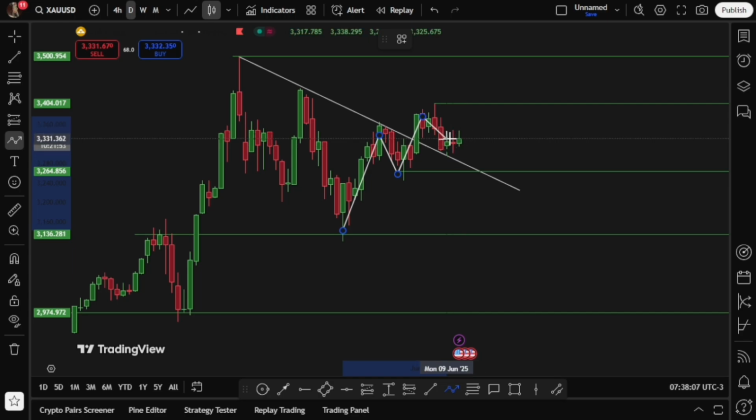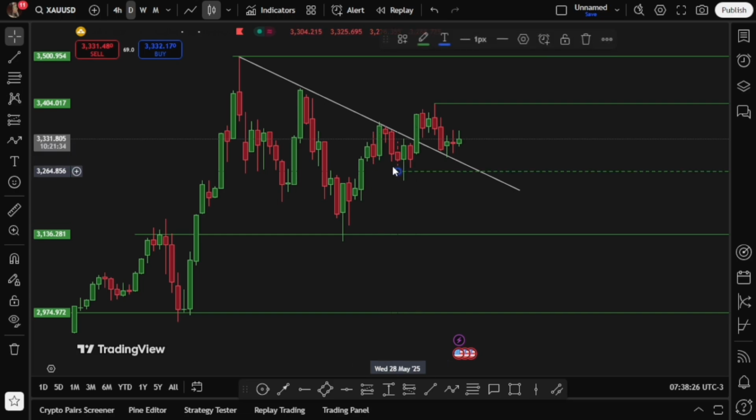I told you in the previous video that for us to join a gold sell, gold must break below this level to prove that gold has changed the whole direction and is ready for a sell. If not, we are still on a buy on gold, and we can see that gold is just stalling in between. Gold has refused to come down and break this level.